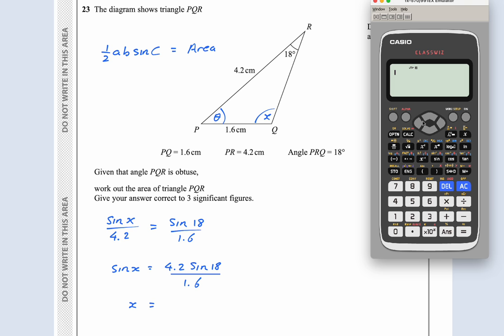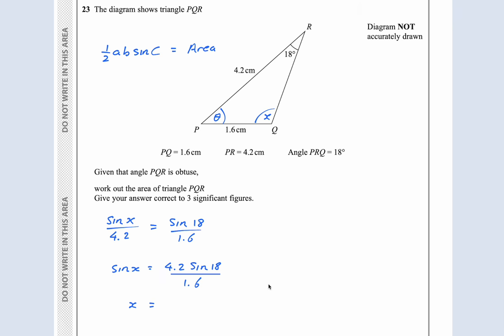Right, I need inverse sine. Shift sine 4.2 times the sine of 18 over 1.6. I'm putting that whole thing in, and I get 54.21. So that angle is 54.21.